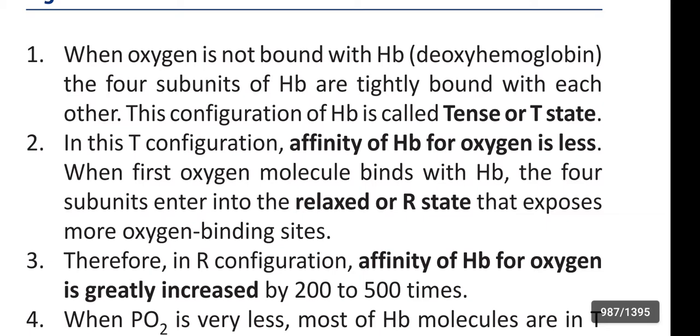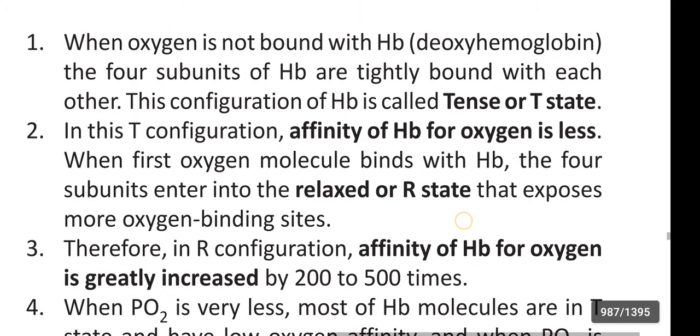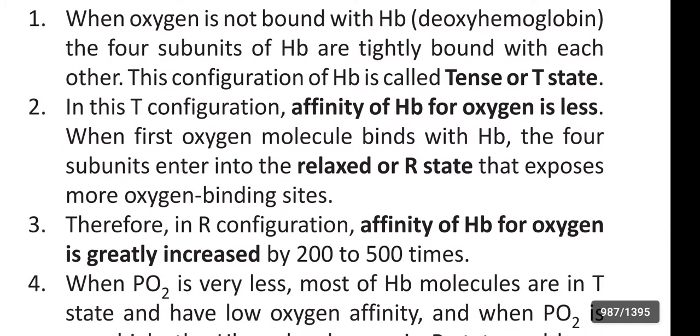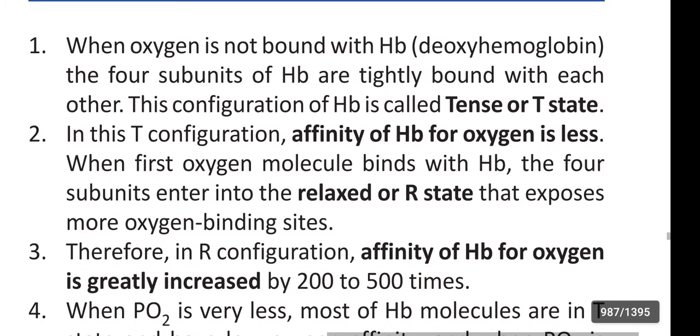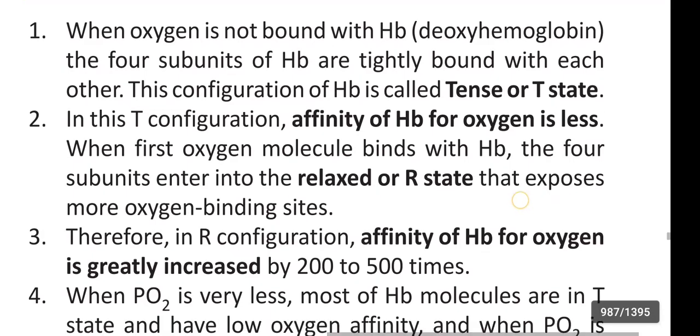When the first oxygen molecule binds with hemoglobin, the 4 subunits enter into the relaxed or R state that exposes more oxygen binding sites. Therefore, in the R configuration, the affinity of hemoglobin for oxygen is greatly increased, by 200 to 500 times.